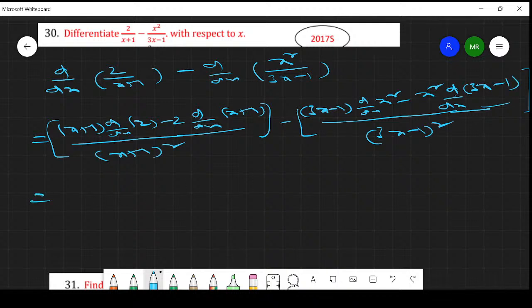You can check here. When they have written it like this, here I can get x plus 1 whole square. Simple only.